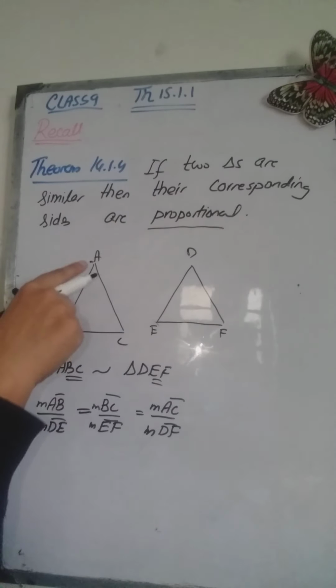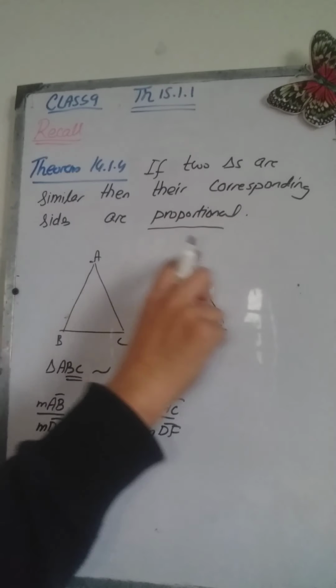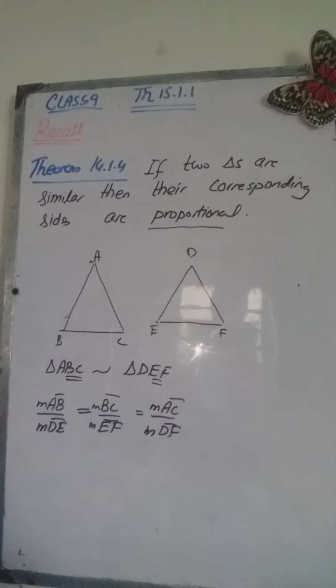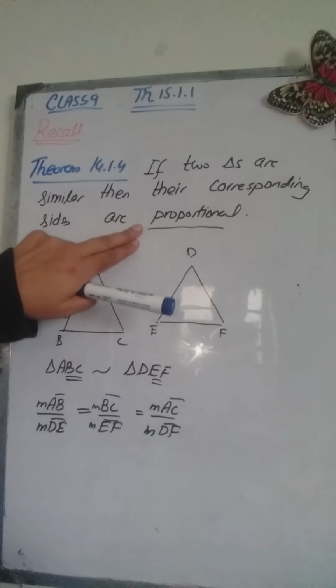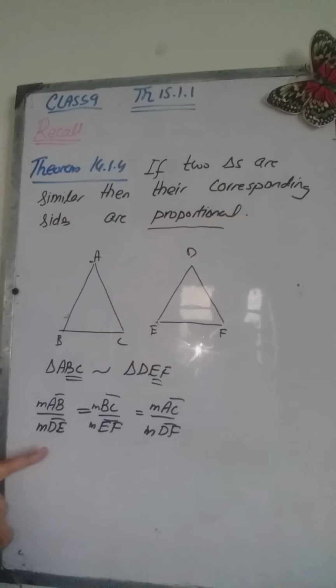So whether you take AB and DE and find its ratio, or you take AC and DF, you take the corresponding sides and take their ratio, this ratio always becomes equal, and equality of this ratio is called proportionality. Whenever we use the word proportional or proportionality, it means we are talking about the equality of ratios.